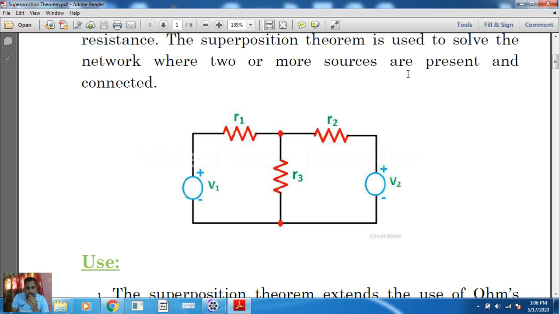An ideal voltage source has zero internal resistance, and an ideal current source has an infinite amount of internal resistance.